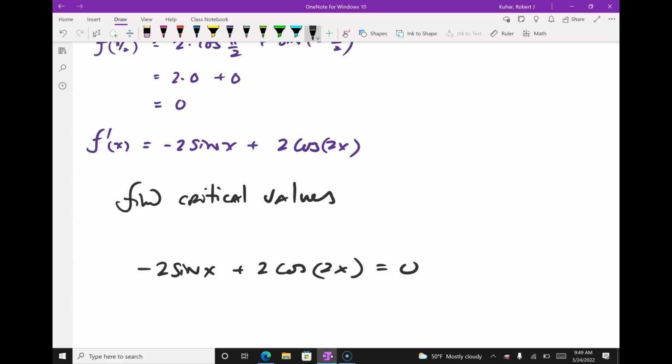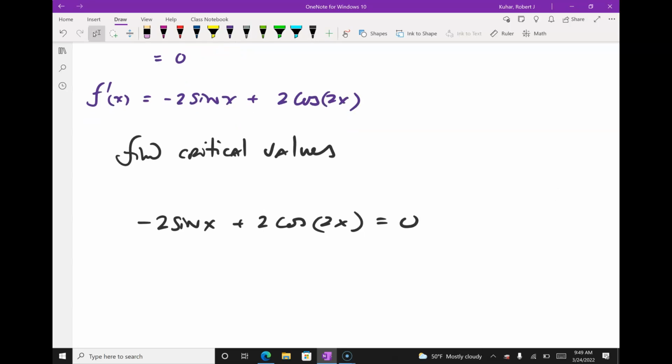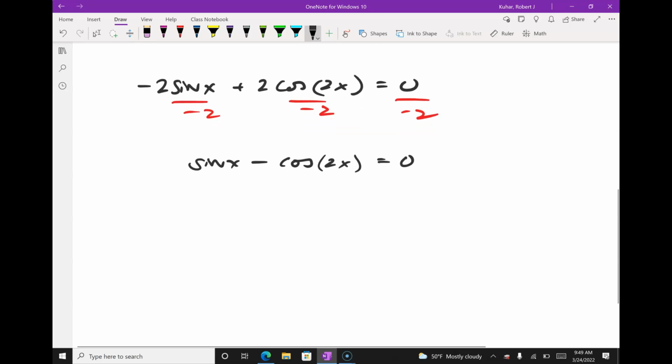I can cancel the 2's there, so I can divide everything by negative 2. And I get sine x minus cos 2x equals 0.